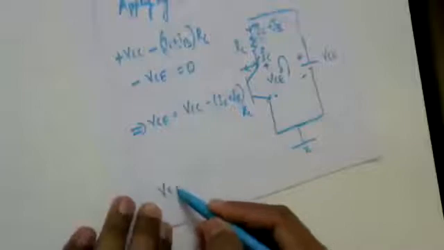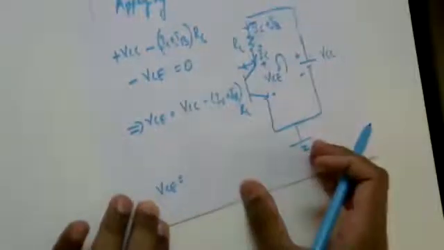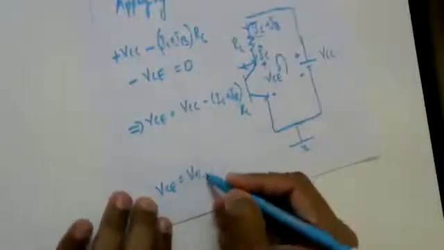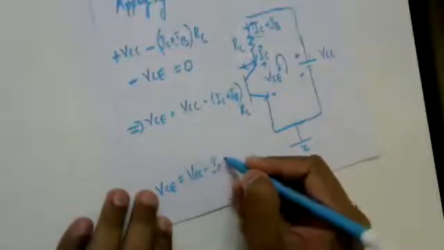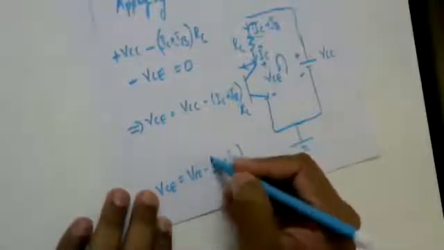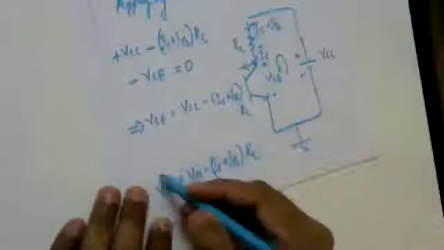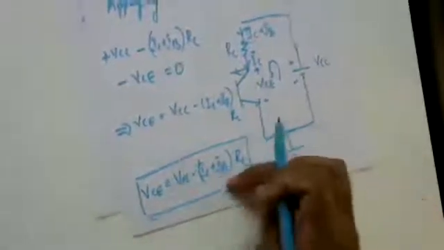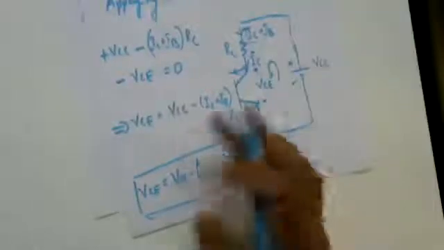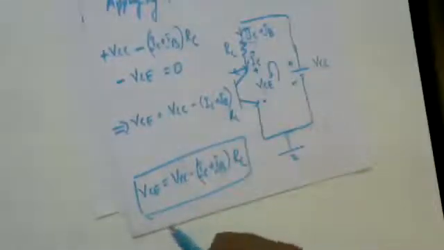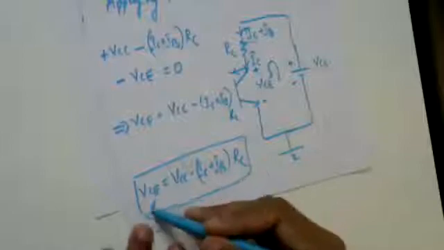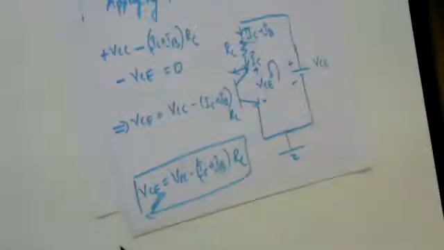I'll write the expression once again because it's my major equation: the output voltage VCE is given by VCC minus (IC plus IB) into RC. This is the expression I get when applying the KVL on the output side. This is the output voltage equation, and that is the input voltage equation.